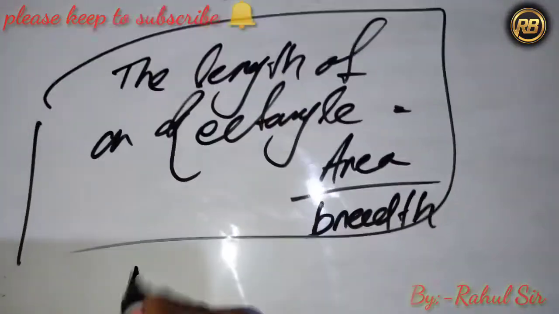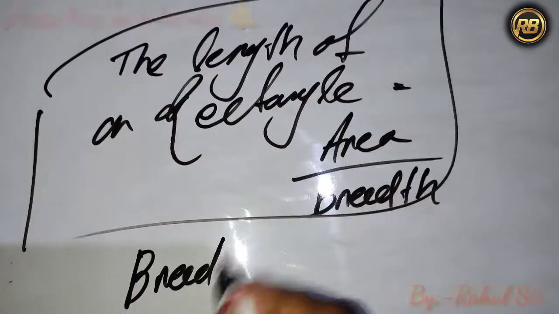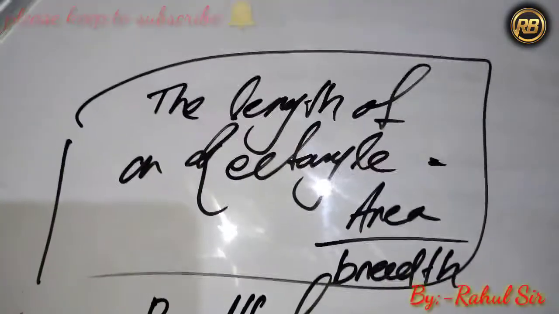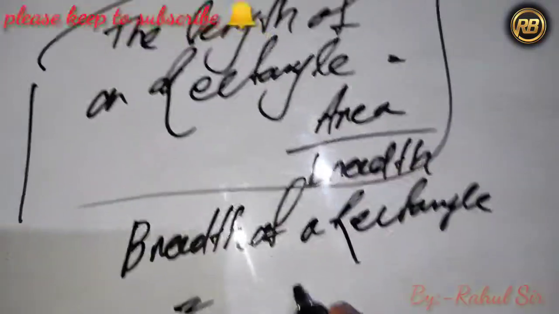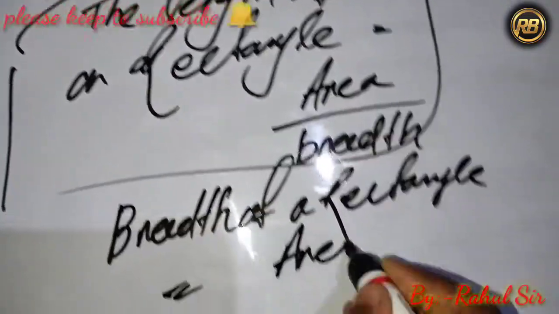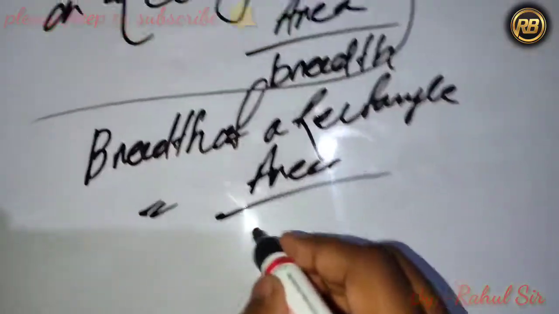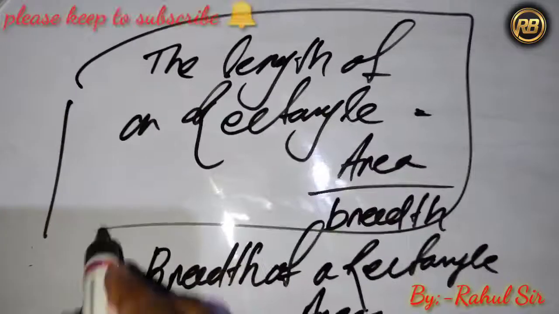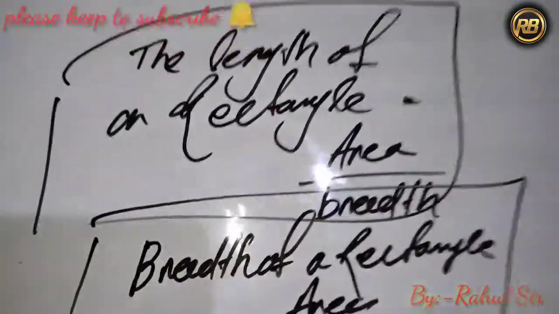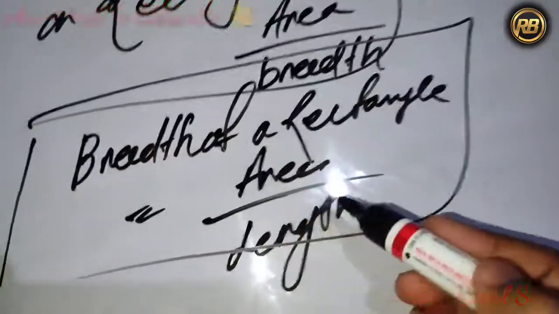Then the breadth of a rectangle is equal to area divided by length.